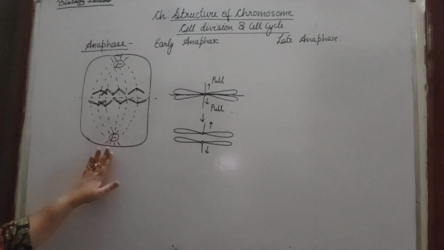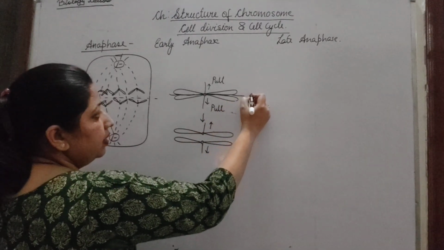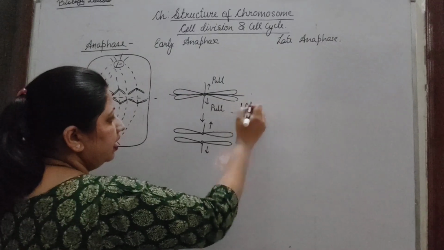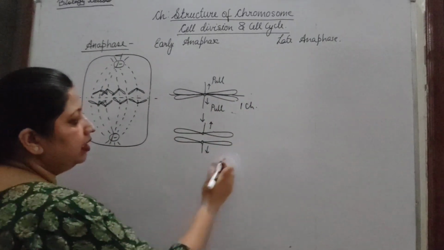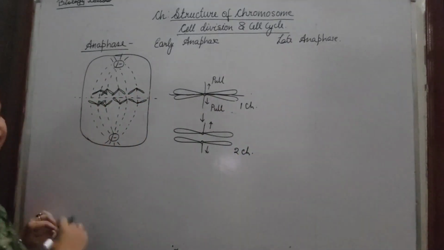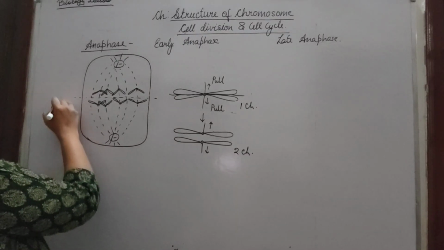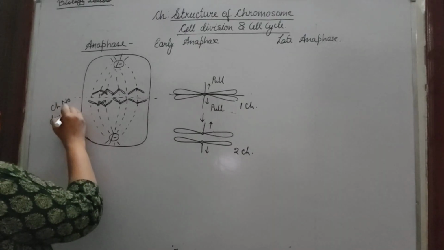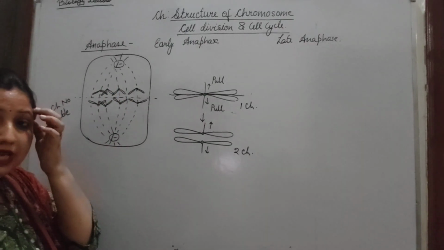What have you seen? This is chromosome number 1, one chromosome, and when it splits, it gives two parts, that is, it changes into two chromosomes. If we start with 4 chromosomes, in the anaphase the chromosome number becomes double. So 4 becomes 8.